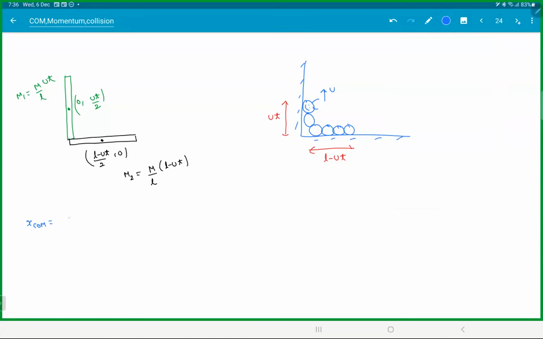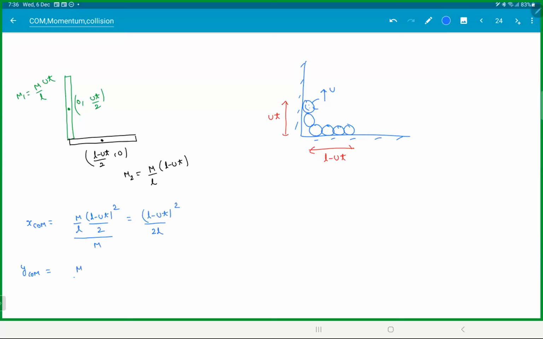So x center of mass will be: m1 is 0, that is gone. M2 is m by L, (L minus ut) whole square by 2, divided by total mass m. That gives (L minus ut) whole square by 2L. Similarly, when you take y center of mass, m2 is gone.